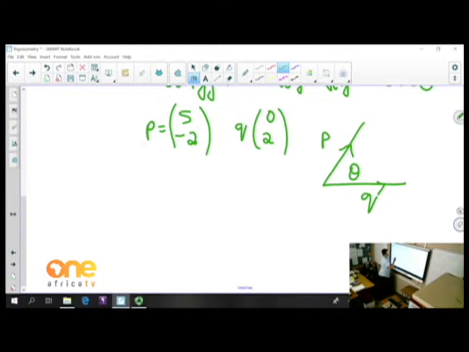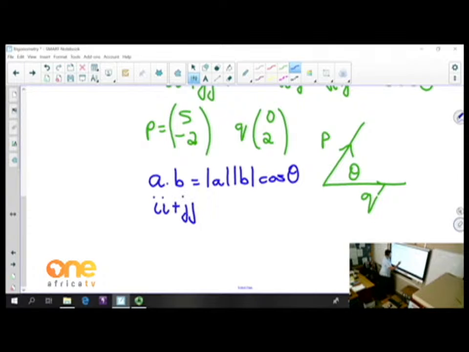So now we say, what is the formula that we use? A dot B is equal to magnitude A, magnitude B, cosine theta. This is the formula, the one formula that you need to know. What does A dot B mean? We said now this is II plus JJ.